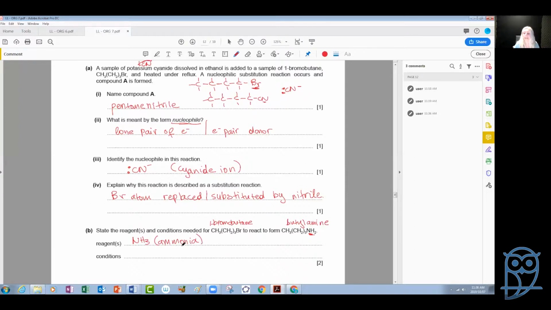But this ammonia must be dissolved in ethanol, because if it's not dissolved in ethanol, it will not be a substitution reaction. So the reagent is ammonia dissolved in ethanol, and the conditions must be to heat under pressure, or in a sealed container. Heat under pressure.